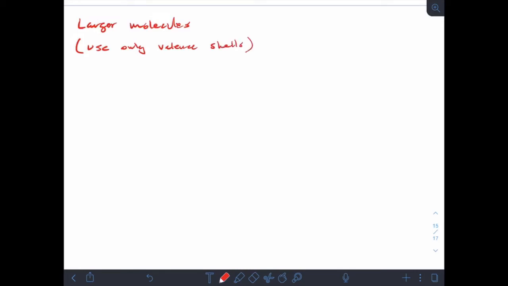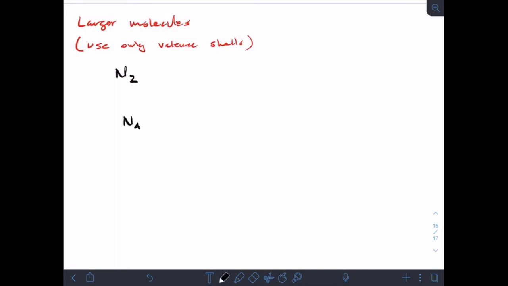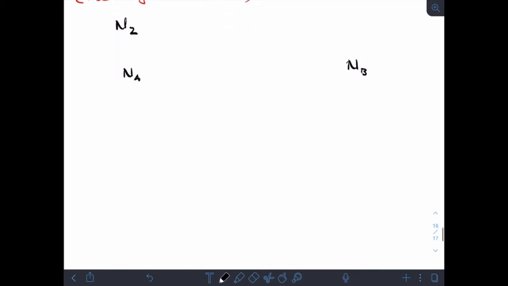In this class, we're only dealing with row 2, so we're dealing with 2s and 2p. Let's do an MO diagram for N2, dinitrogen. On the left side, I'm going to have nitrogen A, and on the right side, nitrogen B. There are 2 nitrogens in my molecule, nitrogen A and nitrogen B.